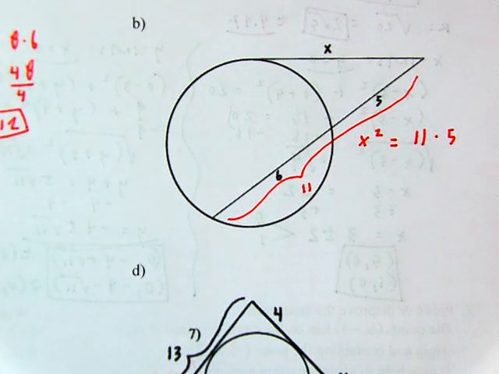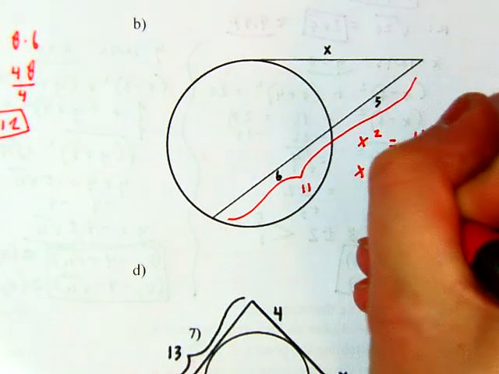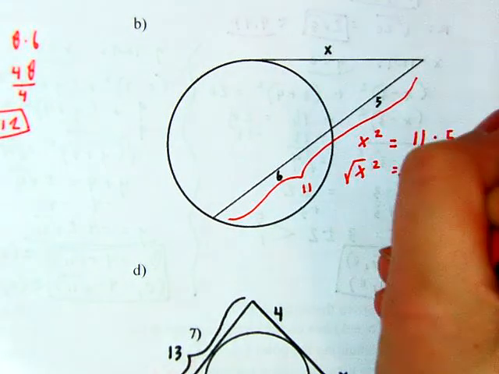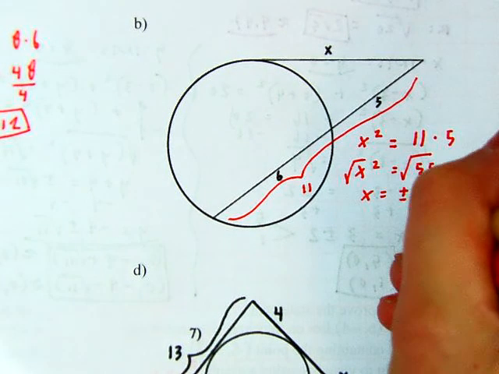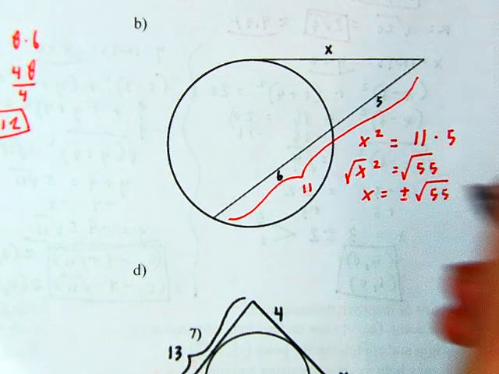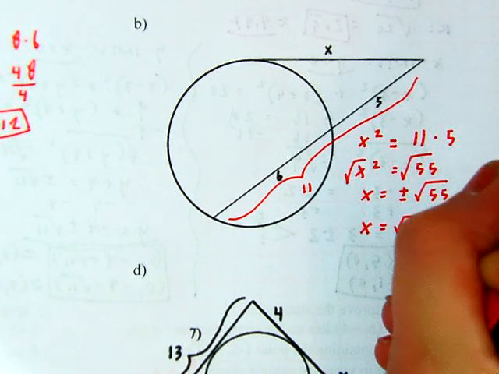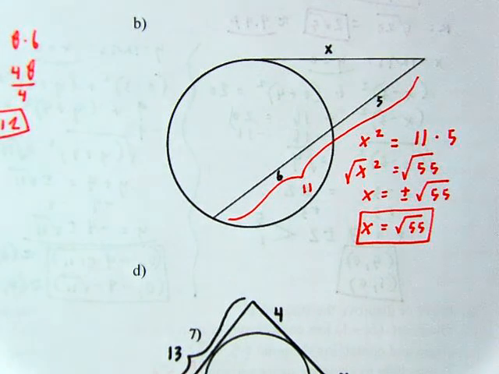So the tangent segment squared is equal to the whole times the outside. So now x squared is equal to 55. Solve by taking the square root. We know that that would mean plus or minus the square root of 55. There's no pair in that. And we end up taking the positive because it's a measurement. So we're just saying that x is the square root of 55.